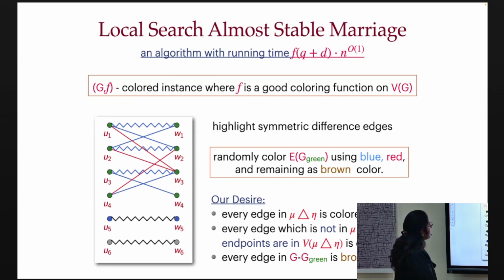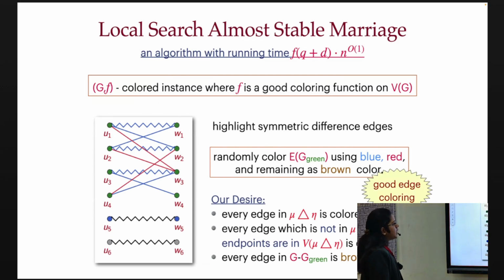For example, this U2W3. I am telling you that it is not a symmetric difference edge, but its endpoints are in the symmetric difference, so such edges should be red. And every edge which is outside these green components is brown. This is the definition of my good edge coloring.